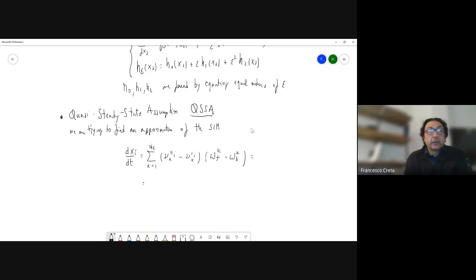How can we do this? Well, think about what each term in this right-hand side does. It can do two things. It can actually create species i, so contribute to the increase of its concentration, or it can actually deplete species i, so contribute to its destruction or depletion.